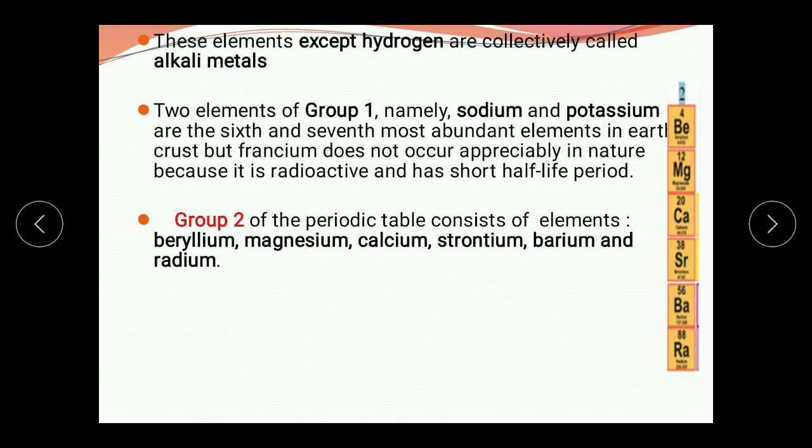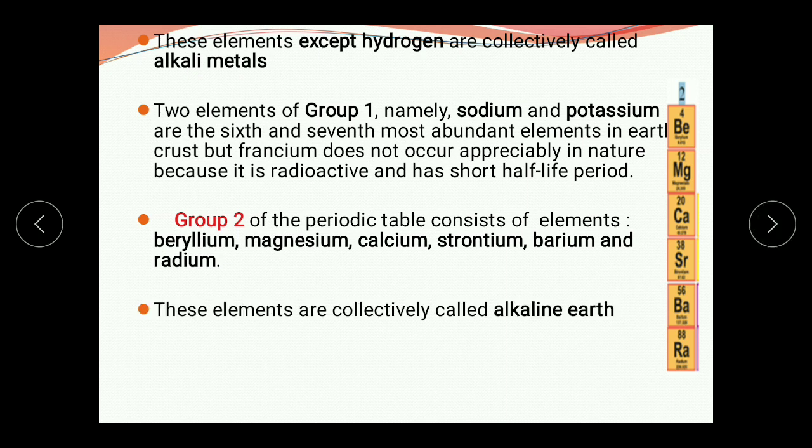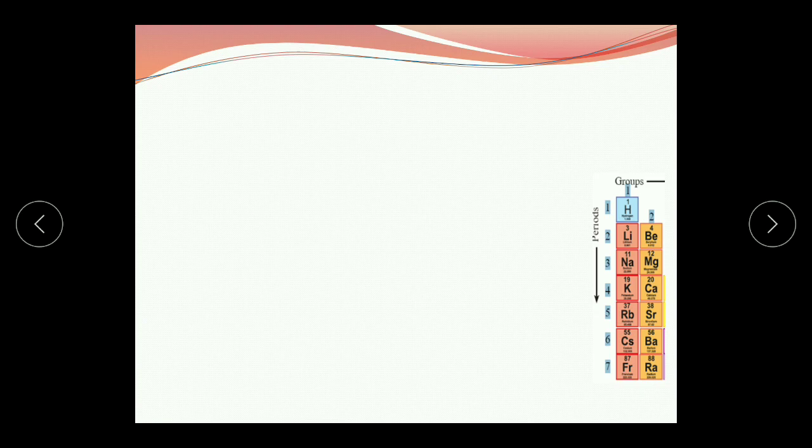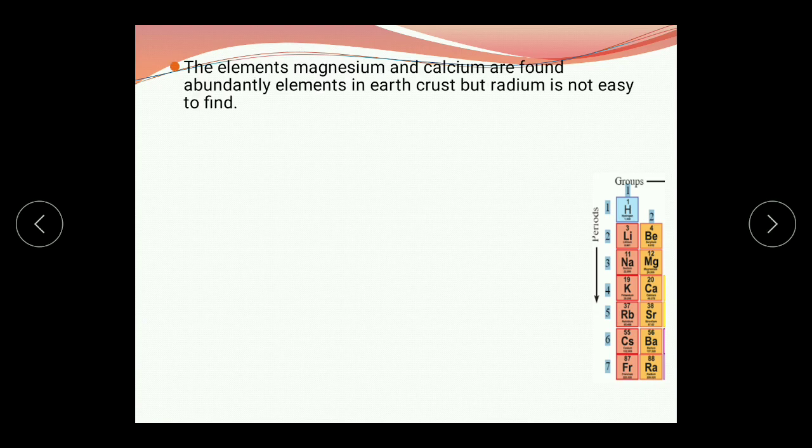So it starts with beryllium and ends at radium. Do you know one interesting thing about these elements? They are called alkaline earth metals because they form alkali on treatment with water and they occur as minerals in rocks.